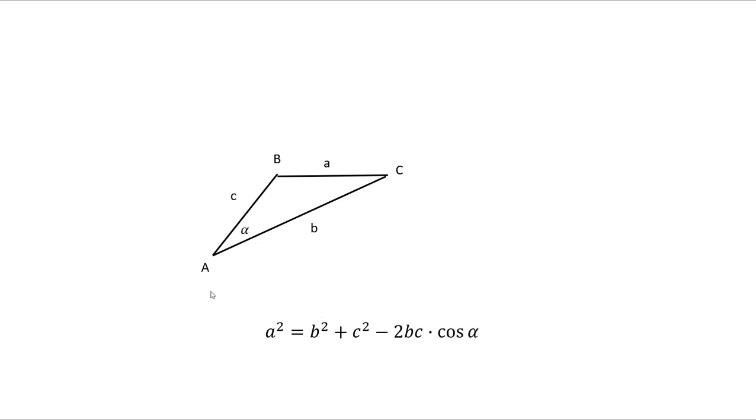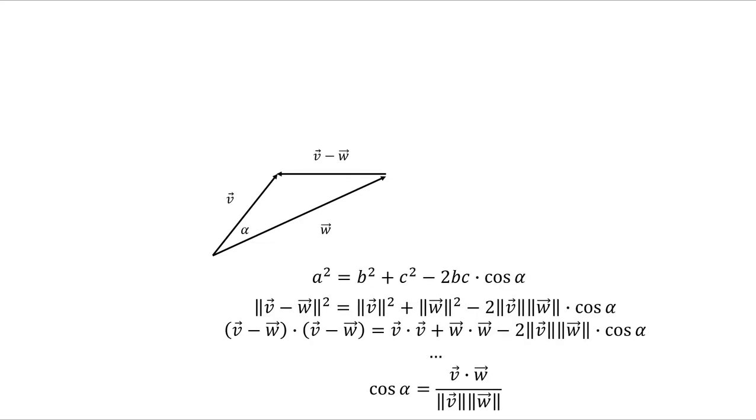Now, this also applies to vectors. Instead of that triangle, now we just have these vectors: vector v, vector w, and this would be vector v minus w.